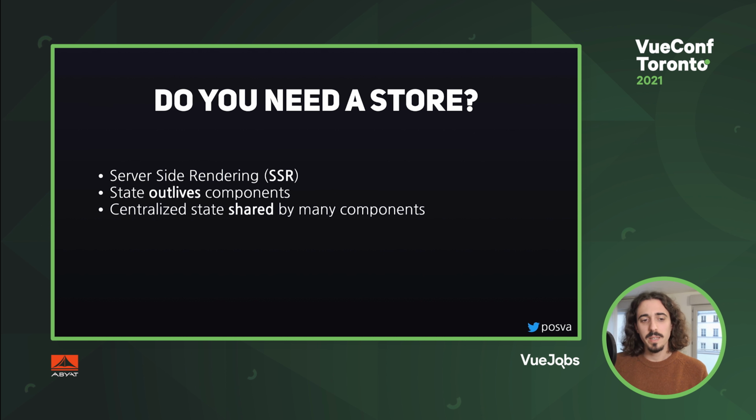if you want a centralized state shared by many components, because to be honest, if you have everything on the same object and you just keep adding things to that, that's not going to end very well for your application.